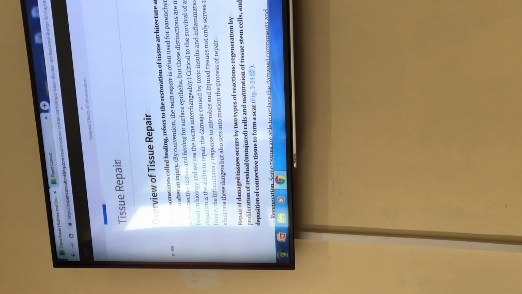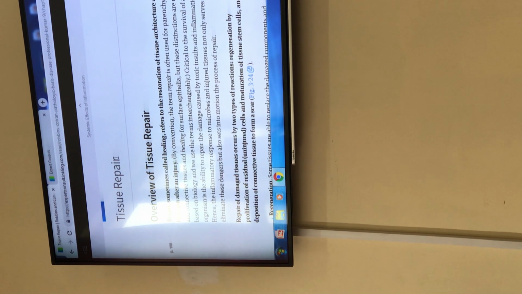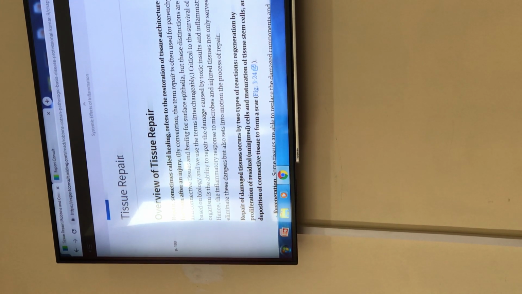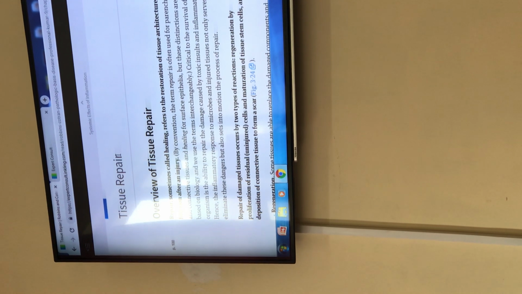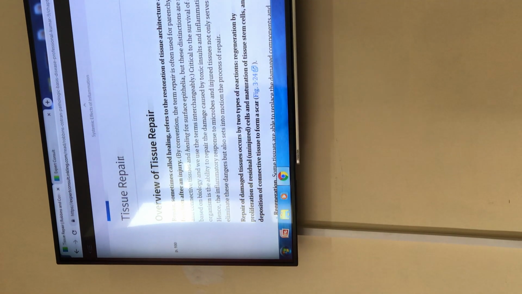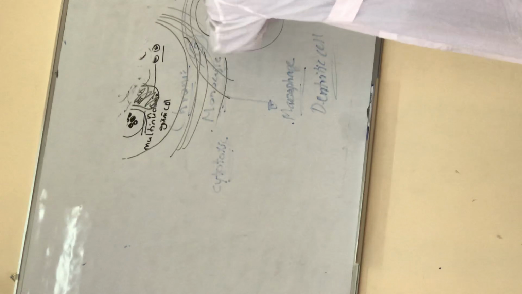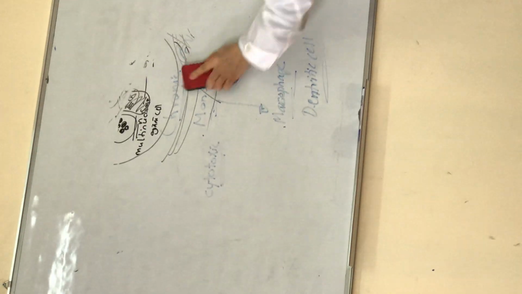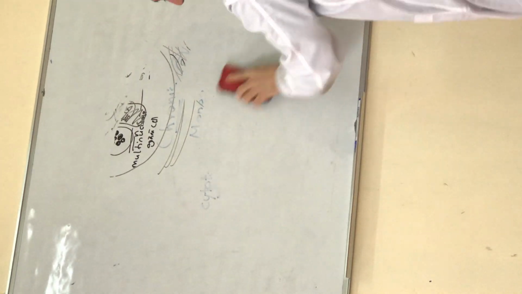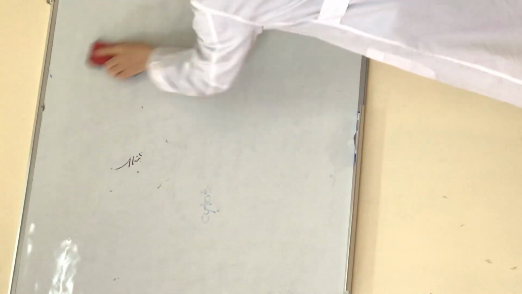It depends on the cells that are supposed to be repaired. Some cells are sensitive to injury, so tissue repair depends on the type of cell that has been injured, and if the cell has the ability to regenerate or not.